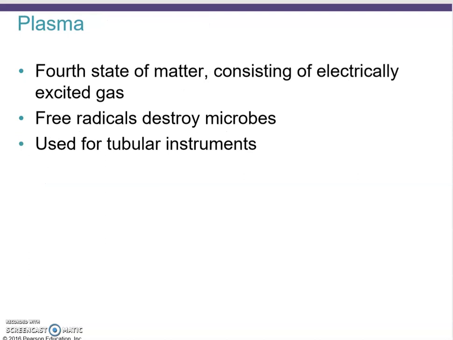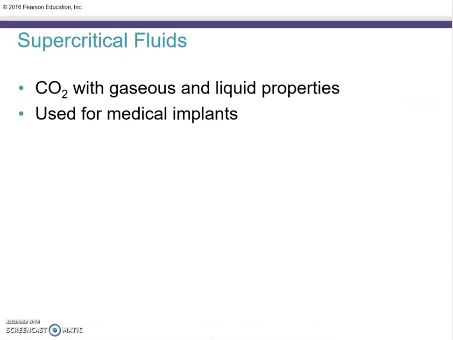Now, this method you may not have heard about. There is something called plasma, and that's considered a fourth state of matter. So besides something being solid, liquid, or gas, there is this plasma state that consists of electrically excited gas, and it's free radicals that are highly reactive and destroy microbial cells. That kind of method is often used for tubular instruments.